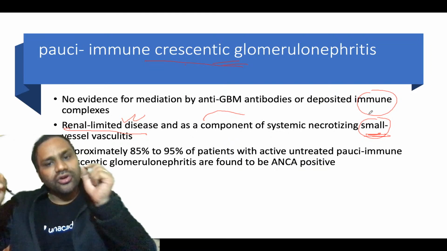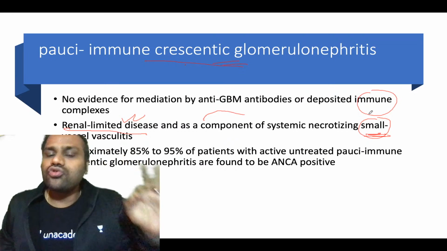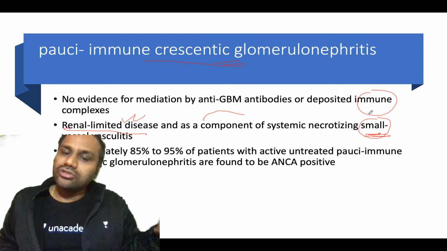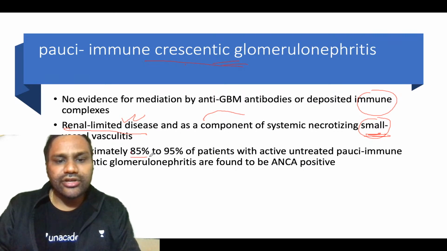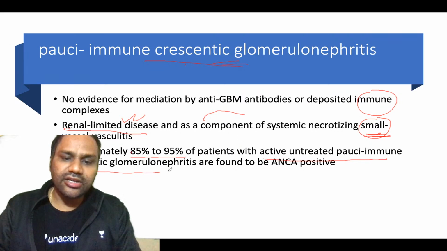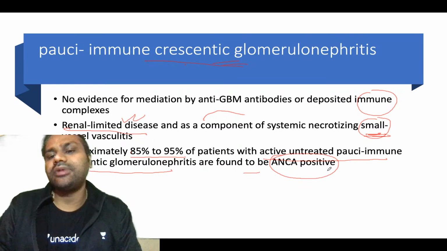So when I talk about small vessel vasculitis, you need to know that they can be pauci-immune crescentic glomerulonephritis. Approximately 80 to 95% of patients with active untreated pauci-immune crescentic glomerulonephritis are found to be ANCA positive. So this is again a very important thing.